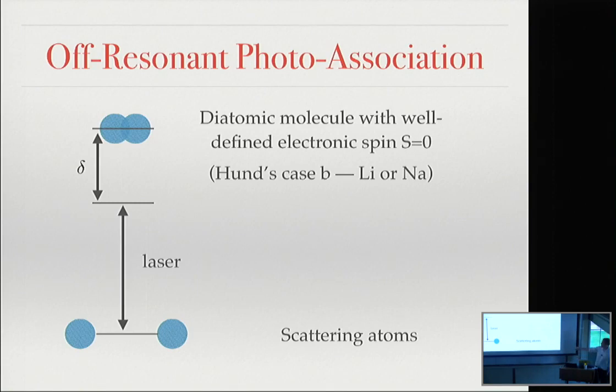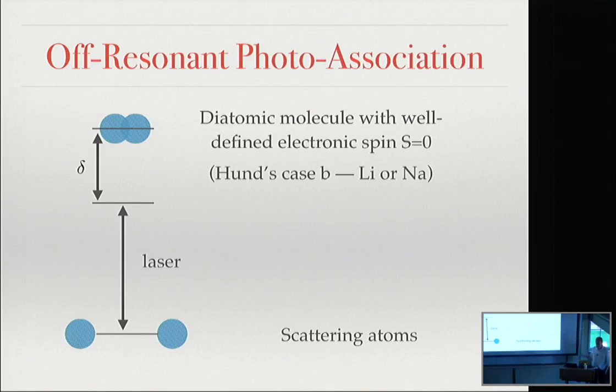So imagine we have our two scattering atoms, which are inside one well of this optical lattice, and there's some molecular state. If we shine an off-resonant photo-association laser, that's going to shift this level a little bit. And if you can make it so that only certain quantum numbers of these scattering atoms have this coupling, you're going to shift the state with those quantum numbers.